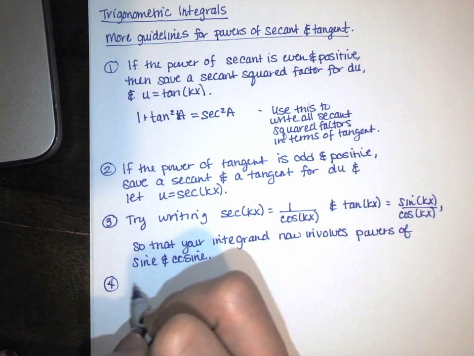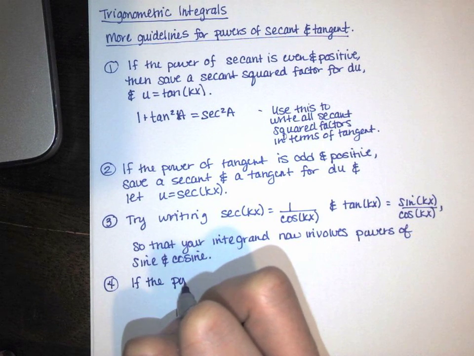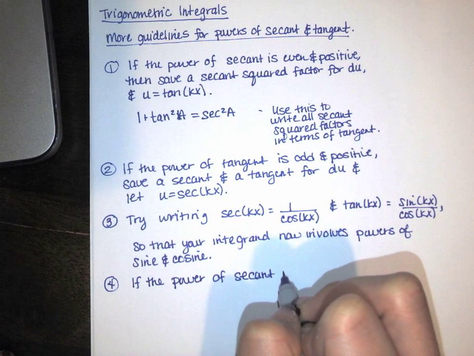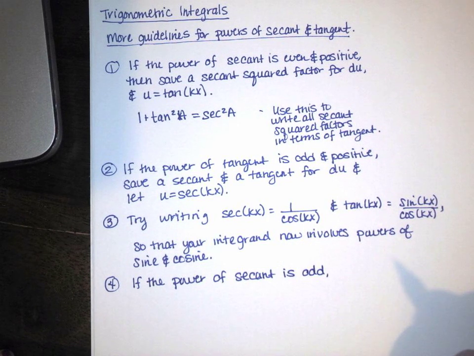A fourth possibility is if the power of secant is odd, we can try integration by parts. I know it seems a little strange, but it works.